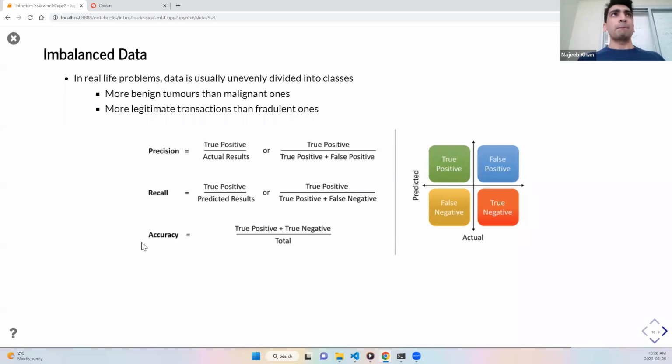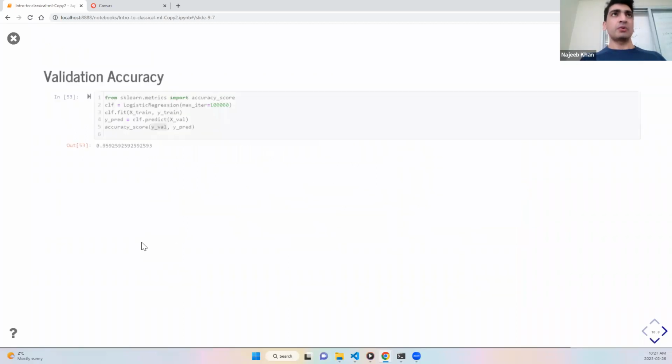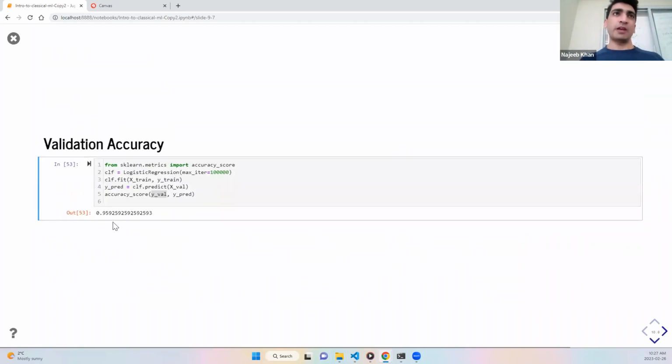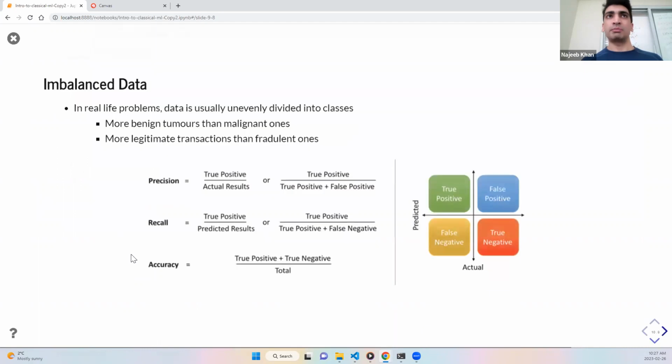Okay, cool. So accuracy works well when you have an equal amount of data per class. If you have 10 digits and every digit is represented an equal number of times, then accuracy reflects a good metric.